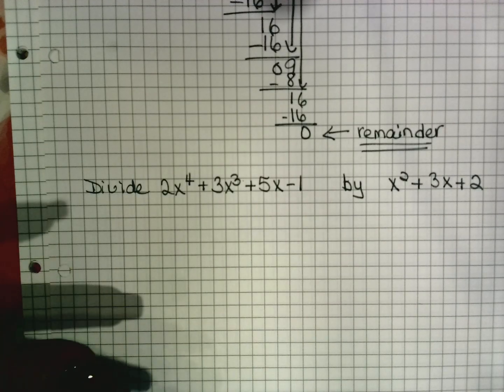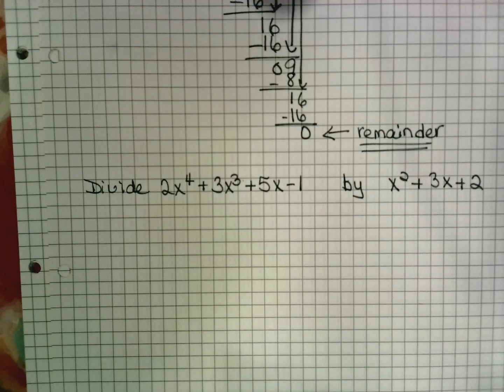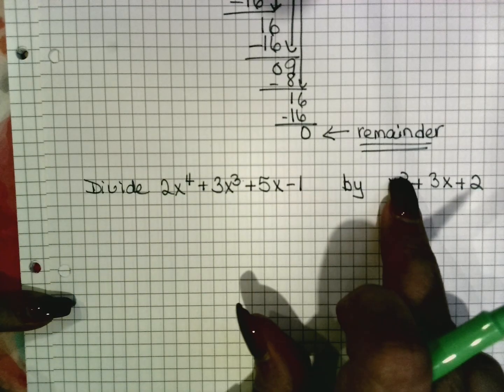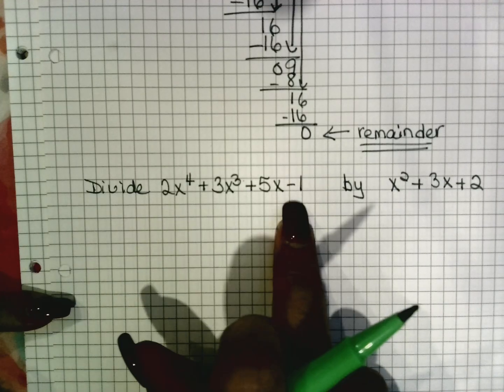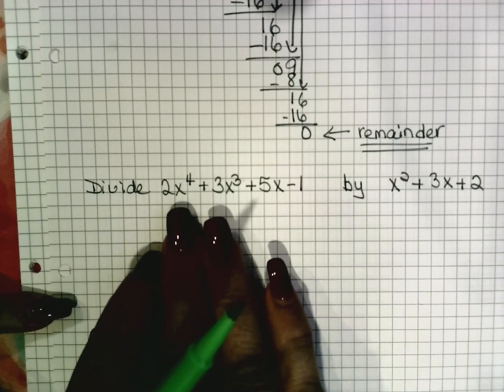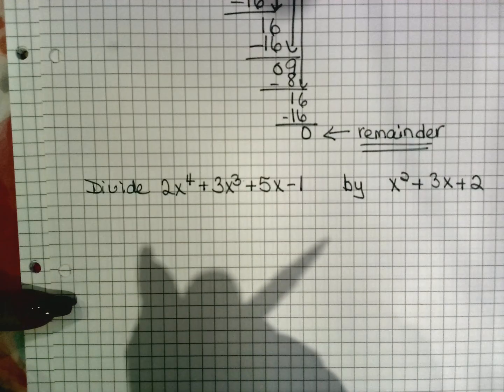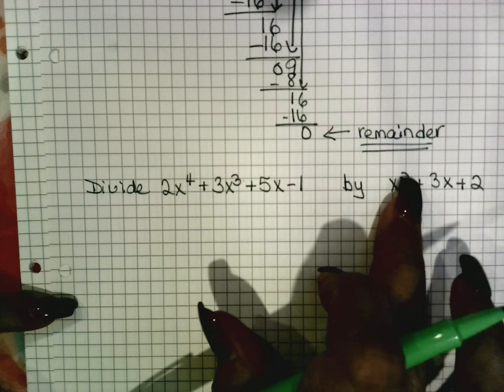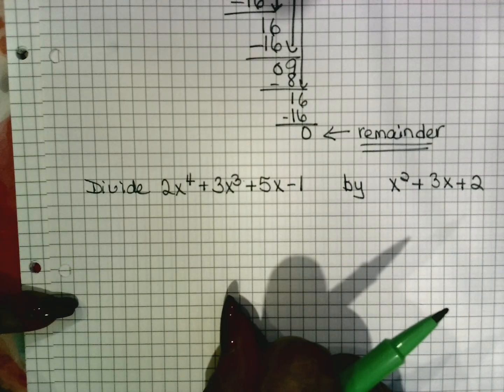The very first thing you need to do is to check each of the two polynomials. This one's a trinomial, it has 3 terms. This one has 4 terms. Remember, anything with 4 terms or more is just called polynomial, but they're technically both polynomials. This is just a specific type called a trinomial.